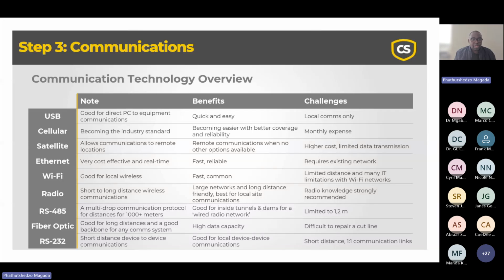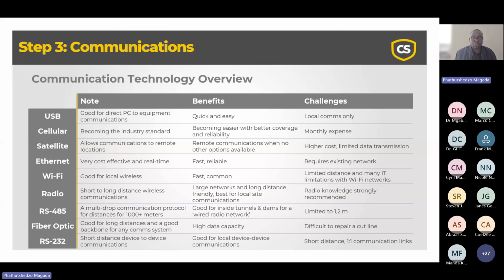We have cellular, which is another option available for communication. You need to ensure that the area where the site is has a good cellular network to be able to choose this communication channel. It has challenges of monthly expenses.